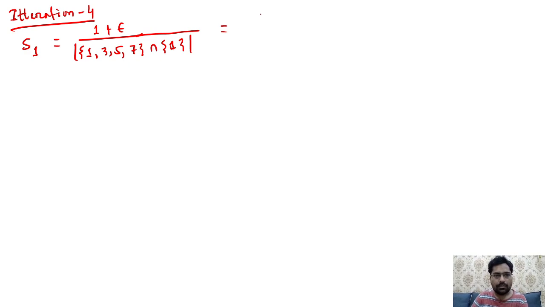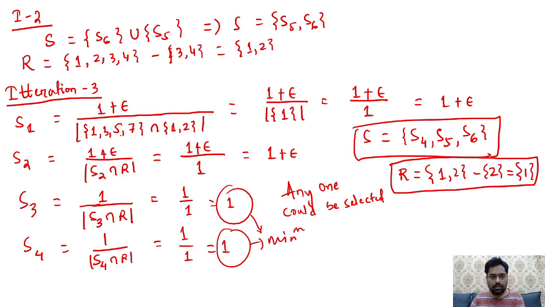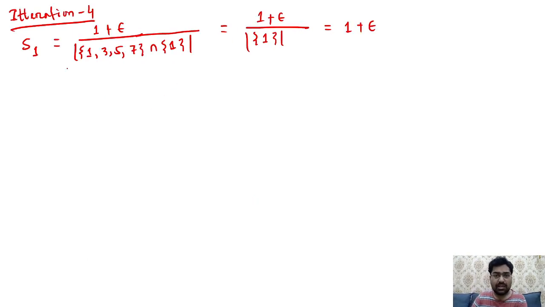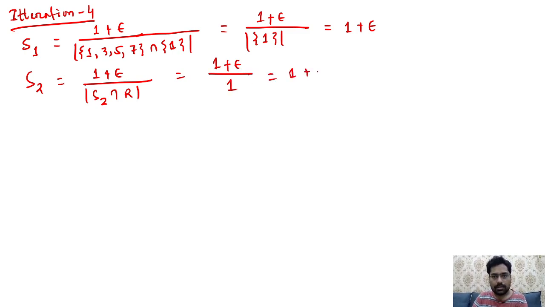So what we have to do is 1 plus epsilon, only 1 present, so we can write it as 1 plus epsilon. Here the same thing was there, so here also we are getting epsilon. S2 is 1 plus epsilon divided by S2 intersection R, epsilon by 1, which is 1 plus epsilon.